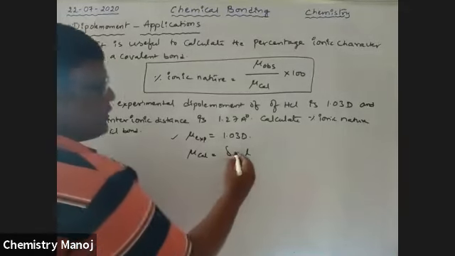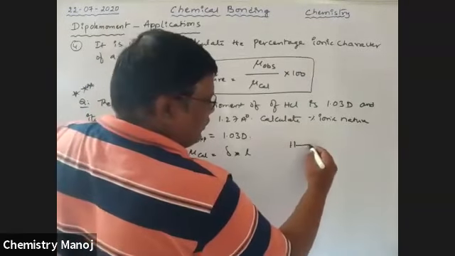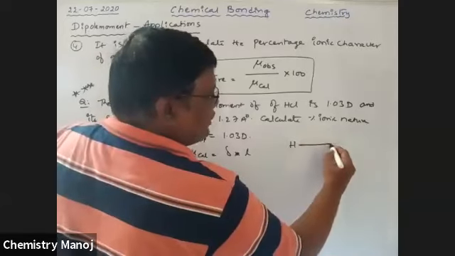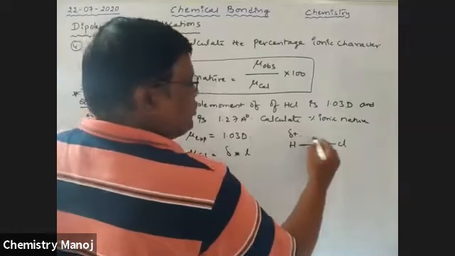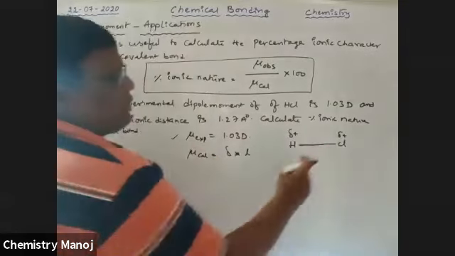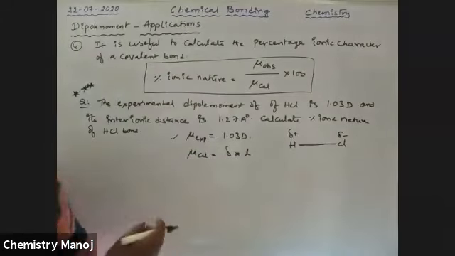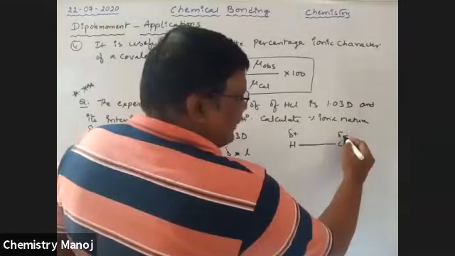So how much is the charge? See boys, it is an HCl molecule, there is a bond between hydrogen and chlorine. Chlorine gets partial negative charge, hydrogen gets partial positive charge, because chlorine has more electronegativity than hydrogen.